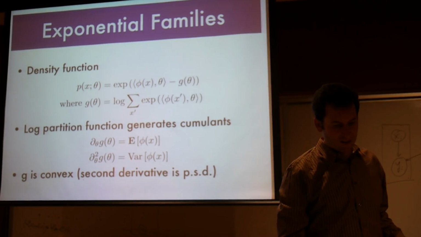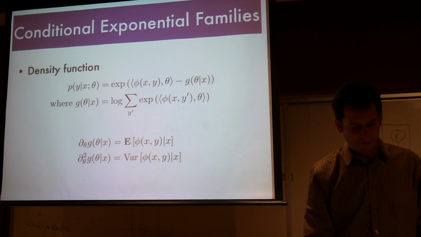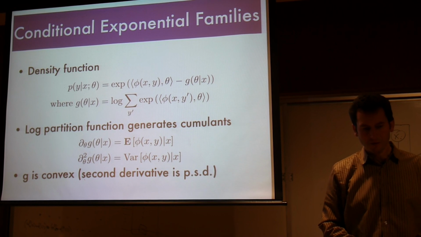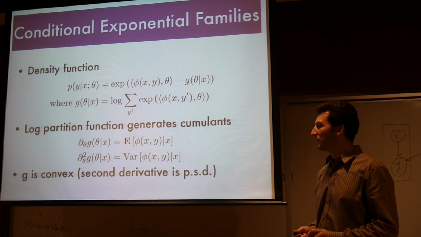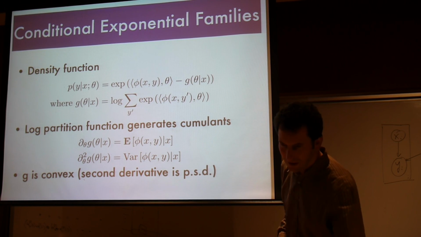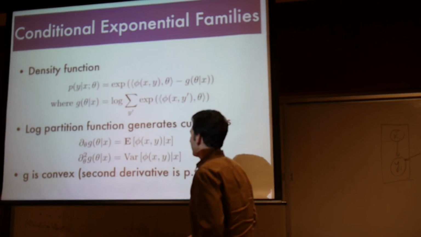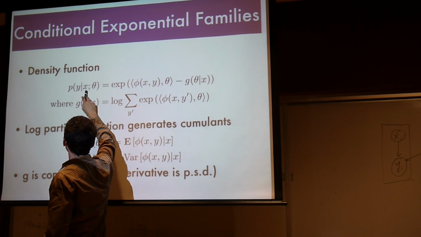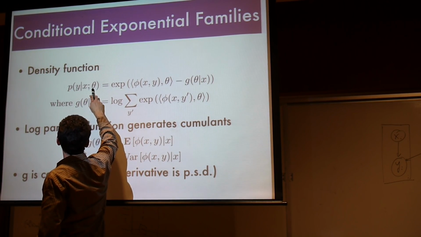Now what I'm going to do is the same thing for conditional exponential families. The only thing that changes is that now rather than a distribution over x, I get a distribution over y given x, and some parameters theta.